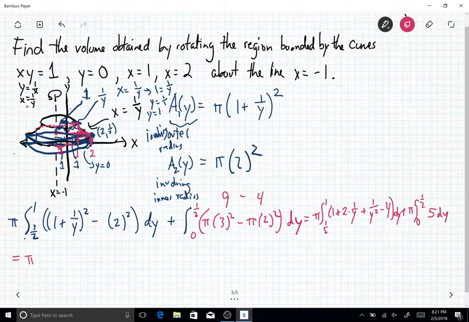So notice 1 minus 4 makes negative 3. This is plus 2 times 1 over y, and then plus, you might want to write that as y to the negative 2. So that becomes pi times negative 3y plus 2 natural log of y.